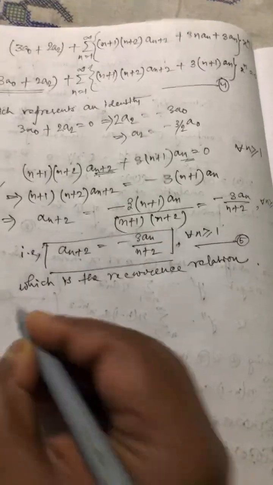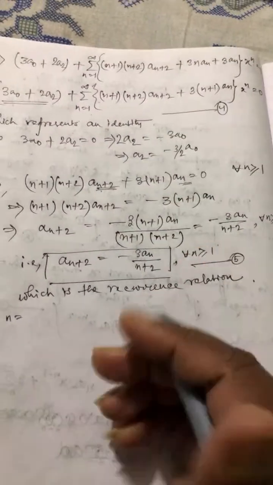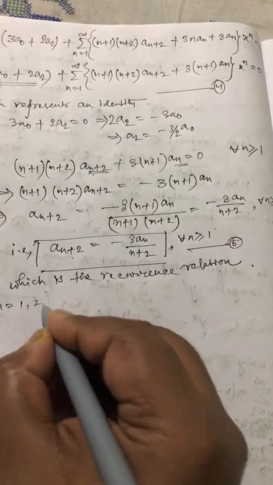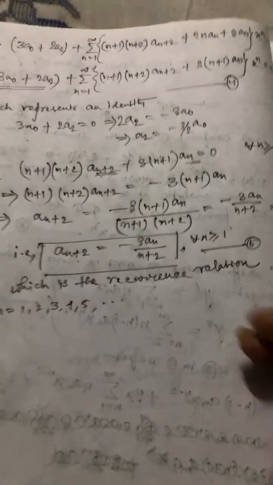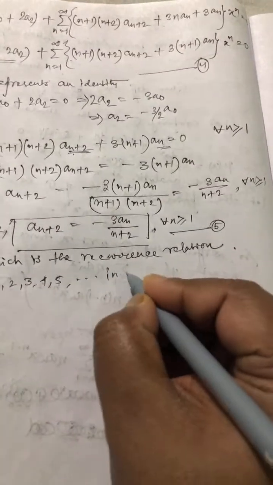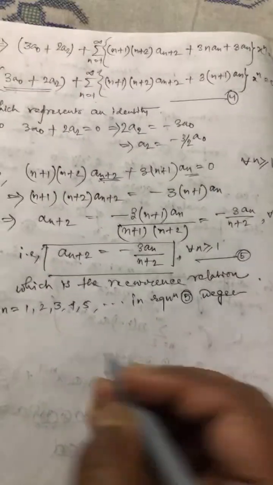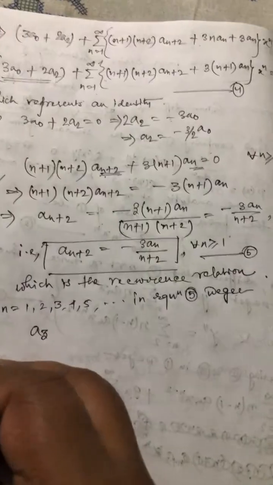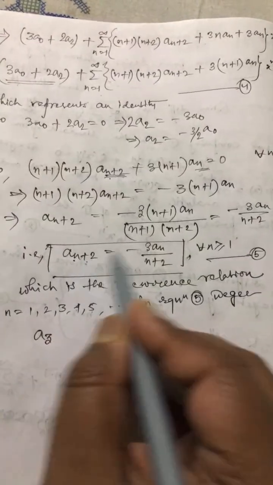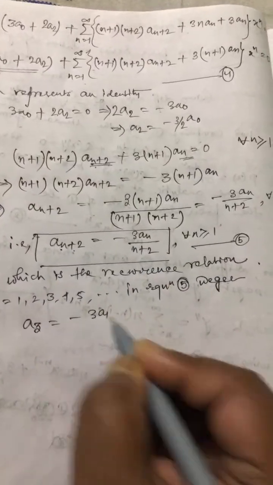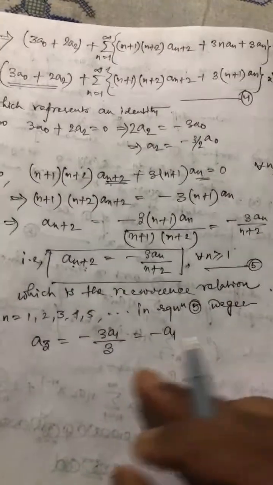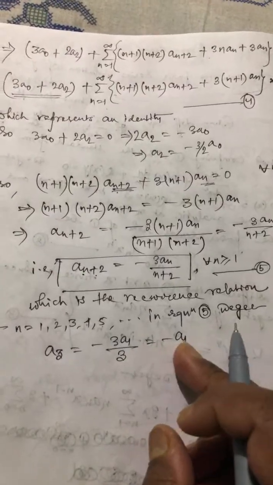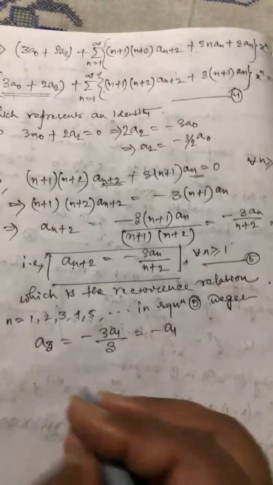So putting n equals 1 in equation 5, we get a3, right hand side will give you minus 3a1 by 3, that means minus a1. So a3 has been expressed in terms of a1, no need to modify.